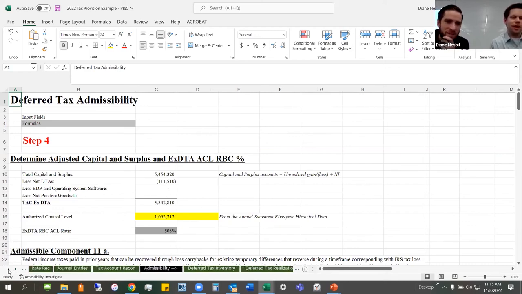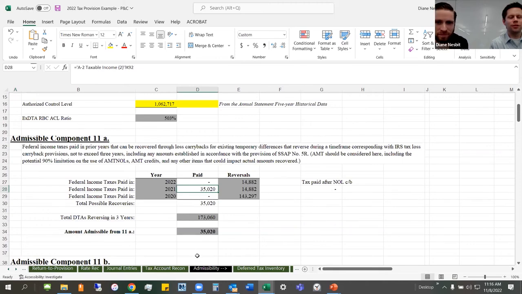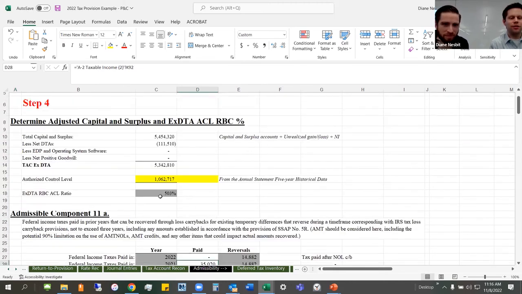Basically, you look at what taxes you have paid in the past that could be recoverable through your DTAs reversing. Then you also calculate this RBC ratio. SAP 101 wants you to look at your ex-DTA RBC ACL ratio.